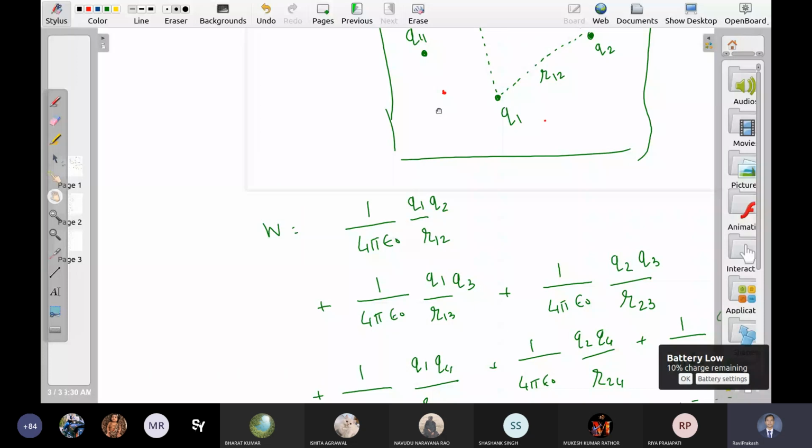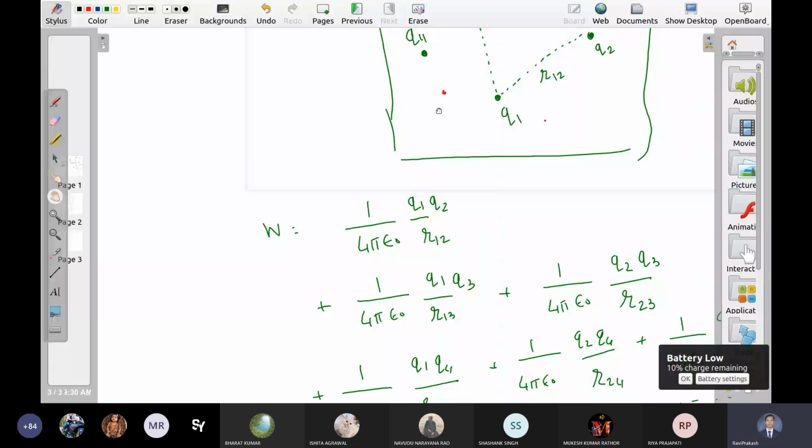There is no mathematical proof for it, but if you see the formula, it looks like that. Since energy depends on charges, the energy must be in these charges, right? So this is the same analogy which you take for the mass block, that you said energy is stored in the mass block.